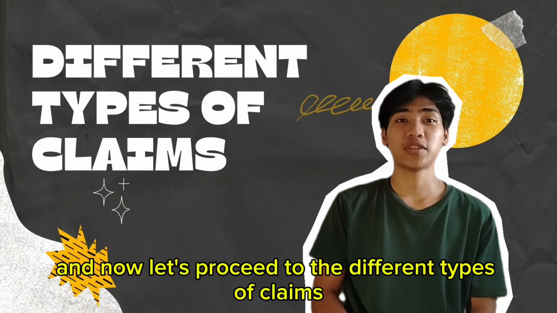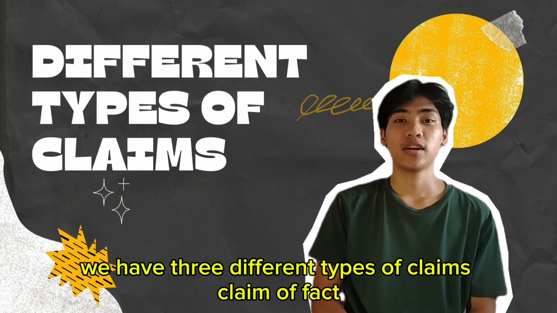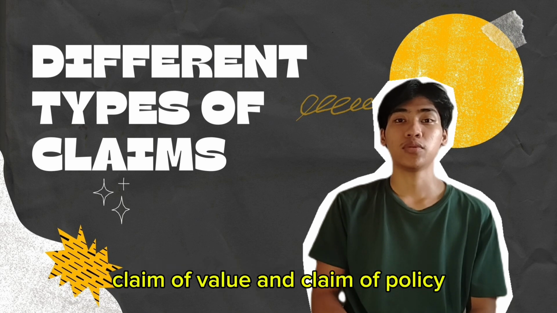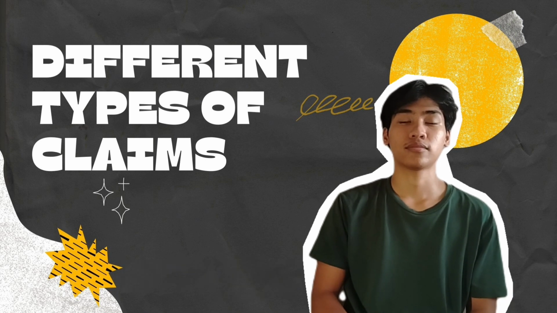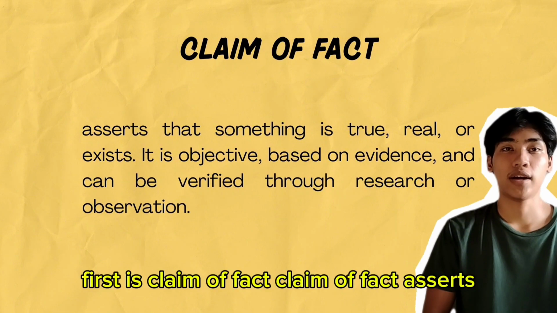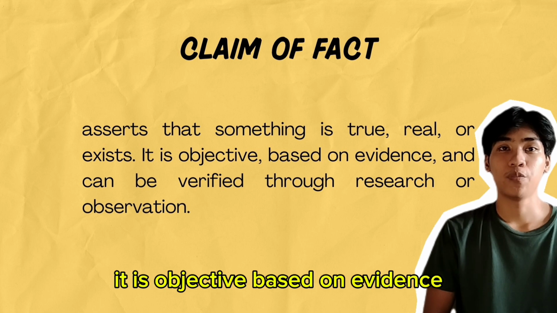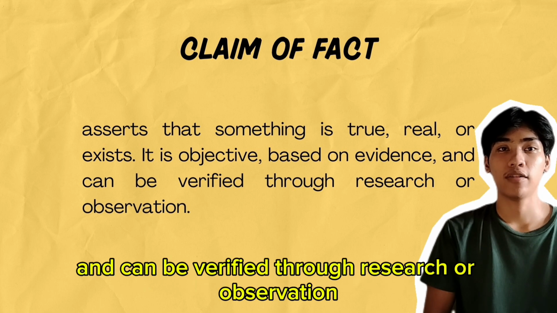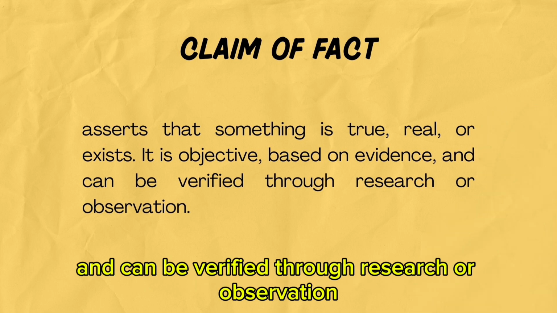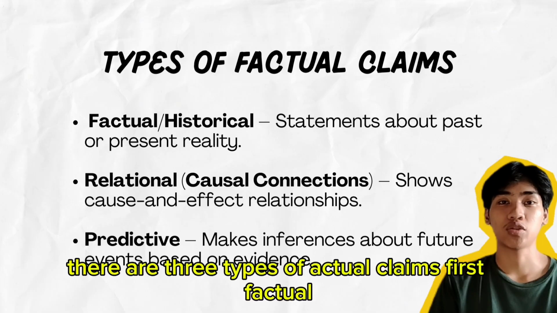And now, let's proceed to the different types of claims. We have three different types of claims: claim of fact, claim of value, and claim of policy. First is claim of fact. Claim of fact asserts that something is true, real, or exists. It is objective, based on evidence, and can be verified through research or observation. There are three types of factual claims. First, factual.